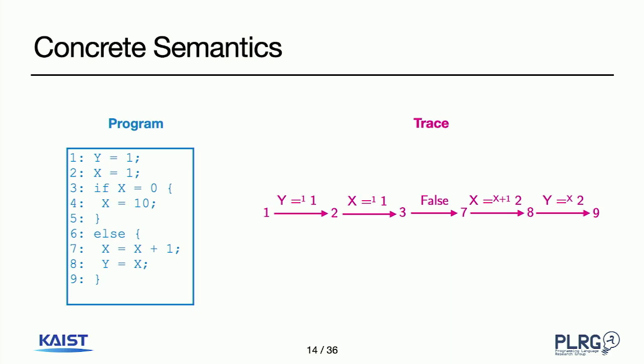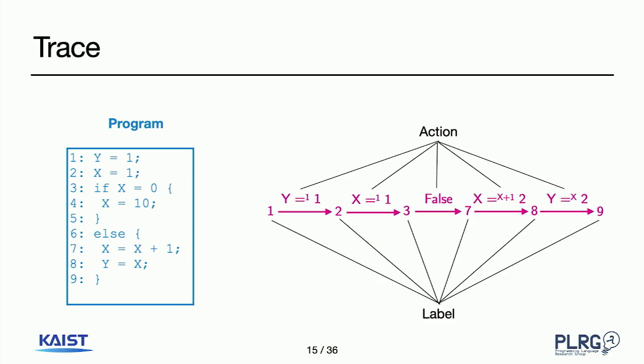The trace is an ordered collection of the events during the execution of the program. More specifically, a trace is defined as a sequence of program labels and actions. An action describes what effect the execution of a statement has and how it affects the overall program.